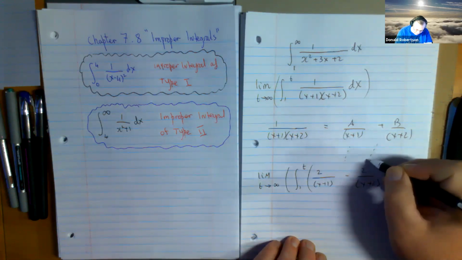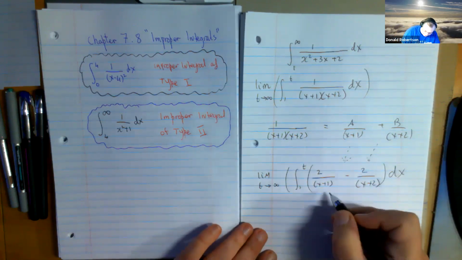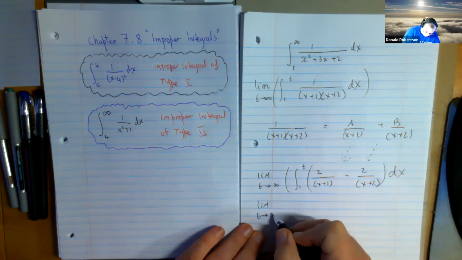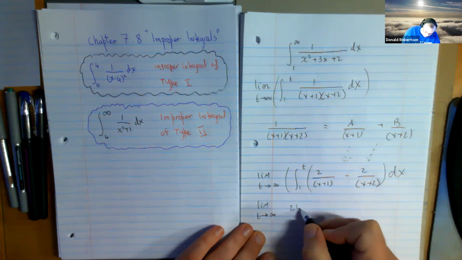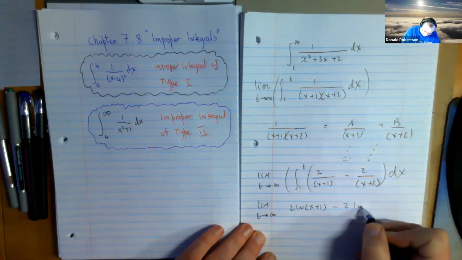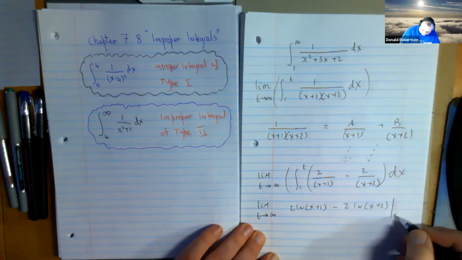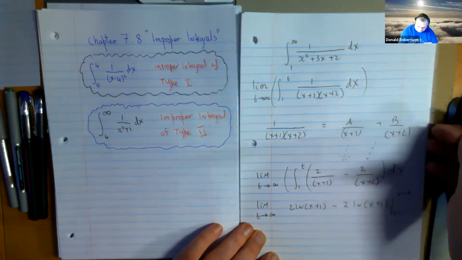I'm only pretending that's what it is. Then we should be able to do the next stage. I'm trying to use this to show how to do the process. It's going to be 2 natural logs of x plus 1, take away 2 natural logs of x plus 2, evaluated at x equals 1 and x equals t.